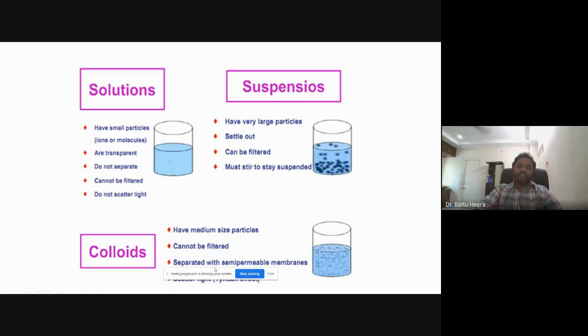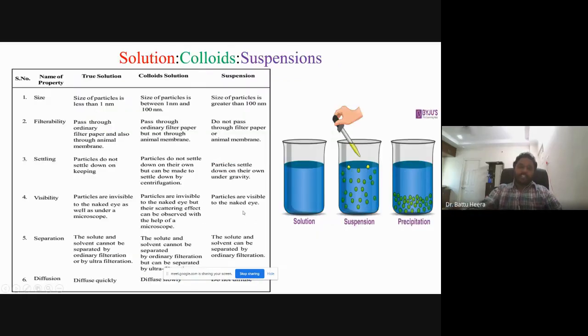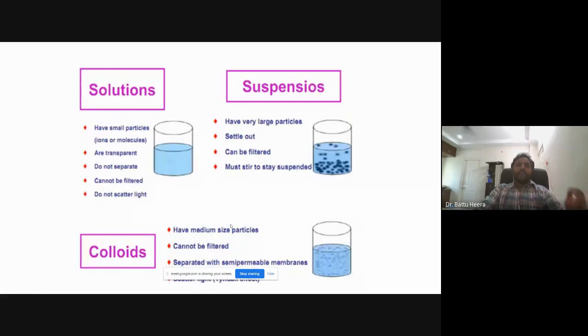And now coming to this fellow colloids, see this. They have a medium sized particles, that is 1 to 1000 nanometers or 1 micrometers, and they also cannot be filtered because very minute particles, we are having a very minute particles, and they can be separated with semi permeable membranes.